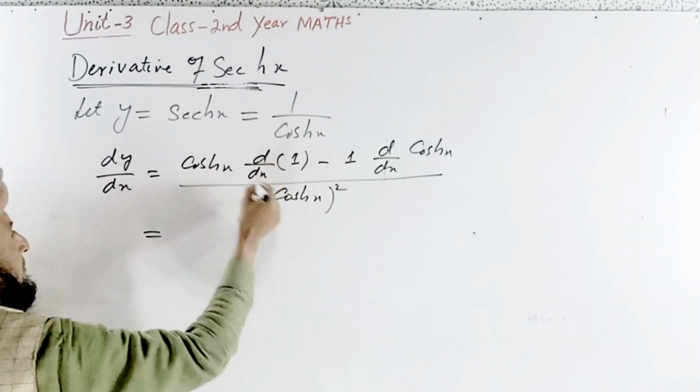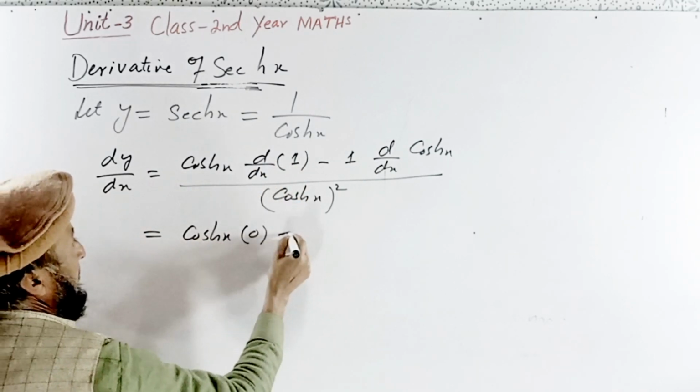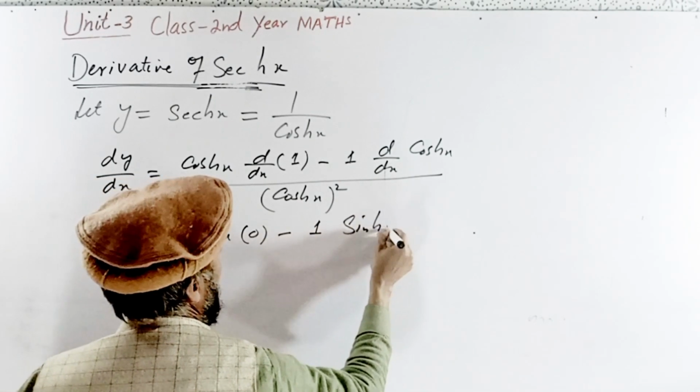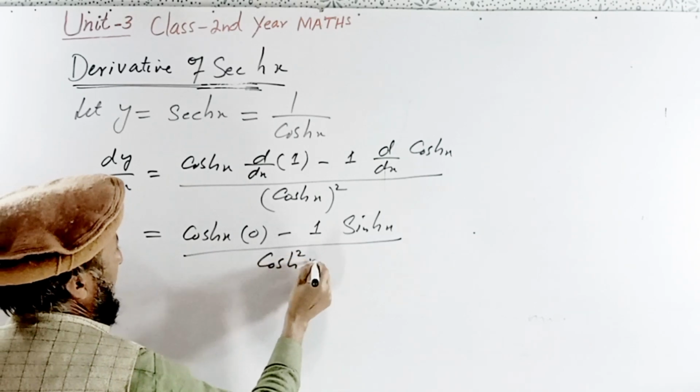The derivative of the constant is 0, and the derivative of cos hyperbolic is sine hyperbolic x, divided by cos hyperbolic square x.